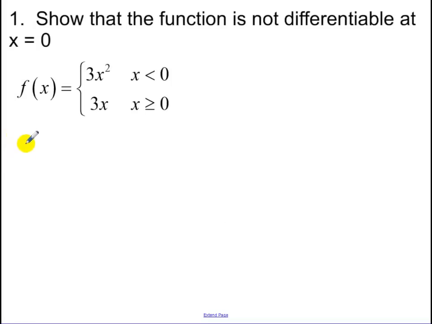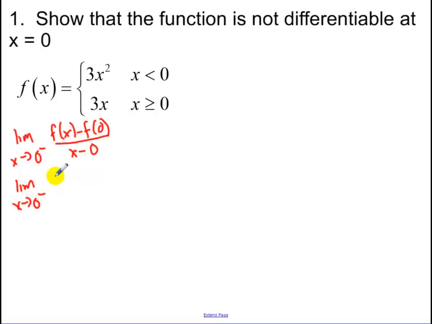Okay, we want to show that the function is not differentiable at x equals 0. So let's use the limit as x goes to 0 from numbers a little bit less of our function minus f of 0 all over x minus 0. Now what function are we going to use from numbers a little bit less? We're going to use the top function. So using the top function, our function is 3x squared.